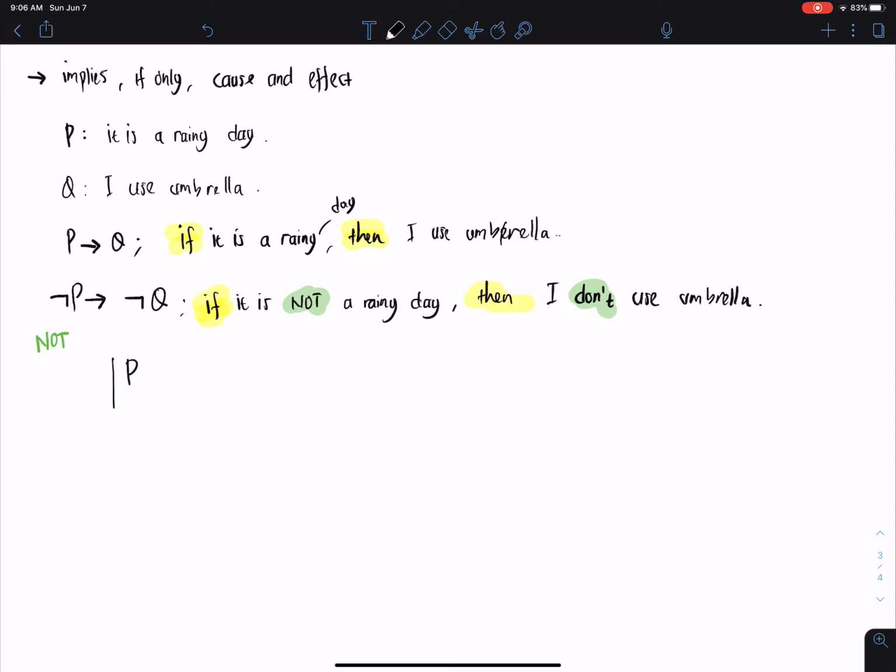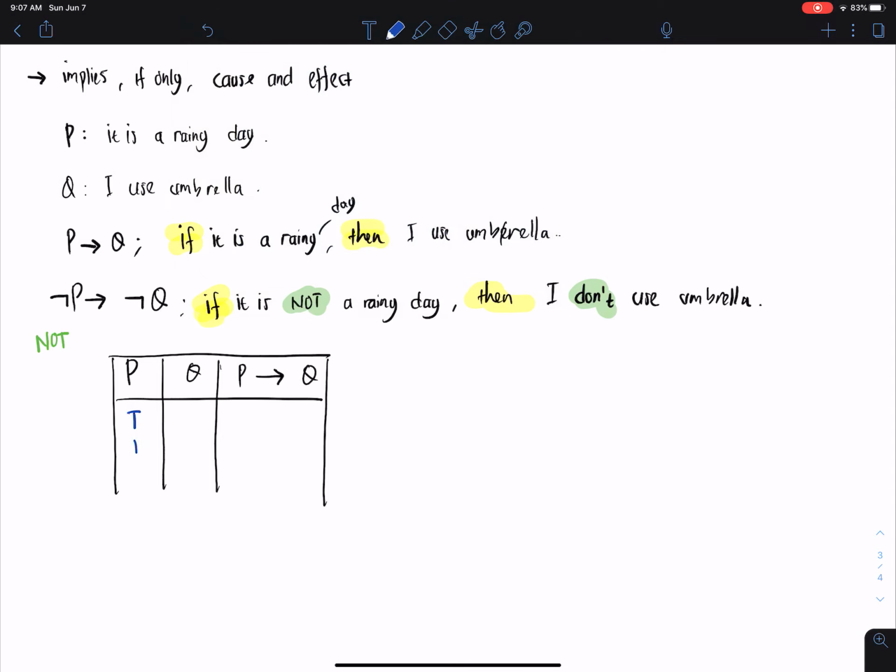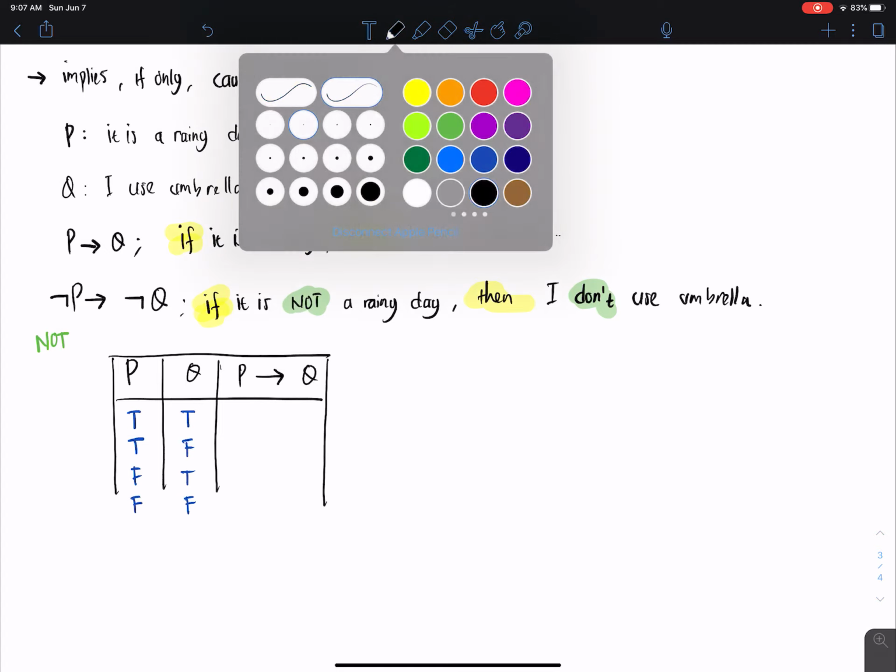So we have statement P, and then we have statement Q, and then the combination statement P implies Q. So the truth value combinations will be the same because it's only two statements: true, true, false, false, and then true, false, true, false.